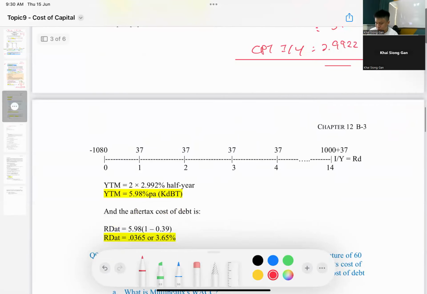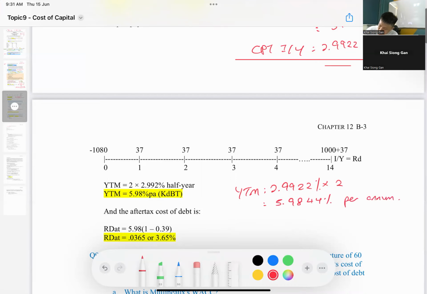Once you get this, it's only per half year. I want to calculate YTM. So how? I have to times 2. 2.9922 times 2, so it's 5.9844% per annum.